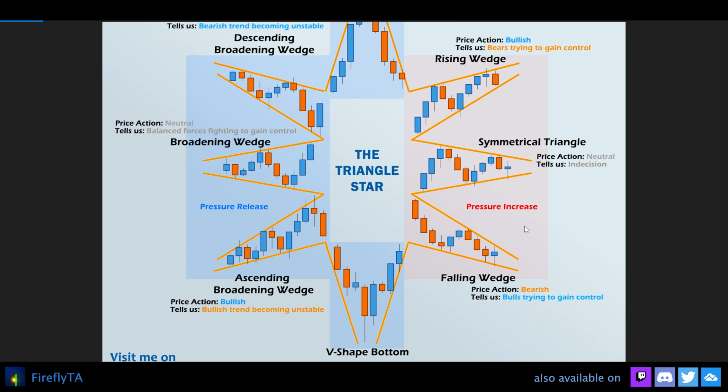Let it get to your head. What is happening here when you see this kind of sequence, this price action? In this ascending broadening wedge, you see that bulls are maintaining an uptrend. But what is happening here? What do you see? You can pause the video, think about this for a minute, and then keep your answer in mind.